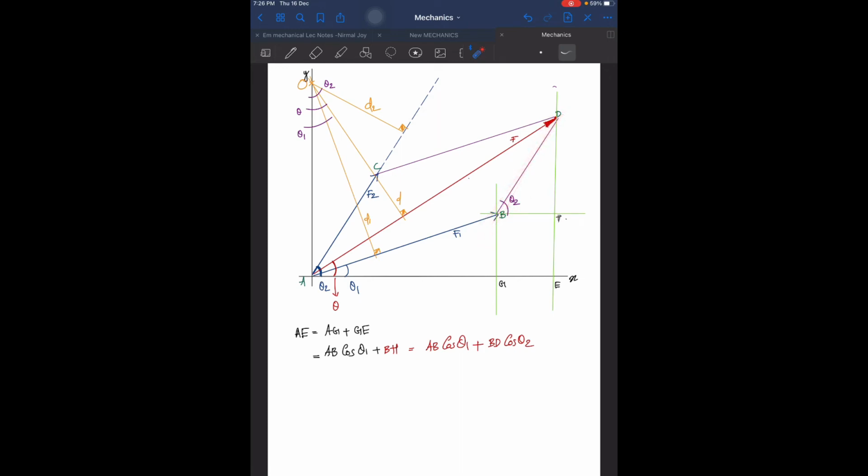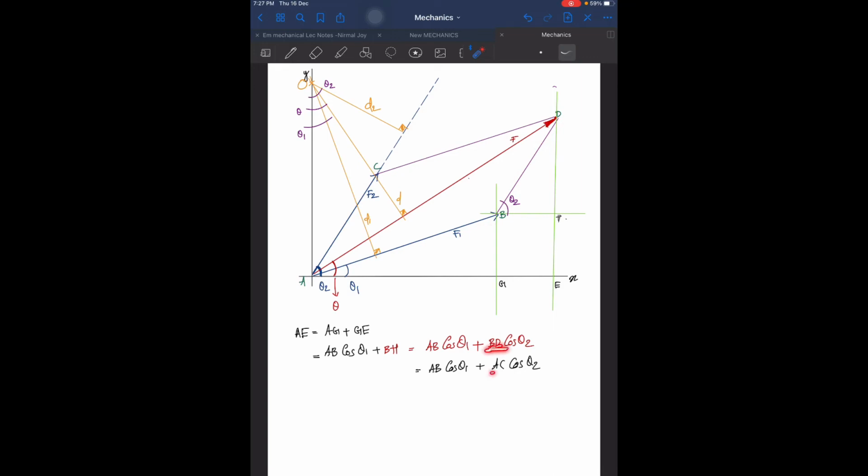Okay. Now I can write it like this: AB cos theta 1 plus BD is nothing but AC cos theta 2. Why? BD and AC are the same because this is a closed parallelogram. AC and BD are the sides of a parallelogram.